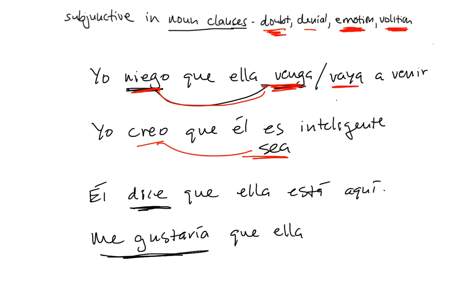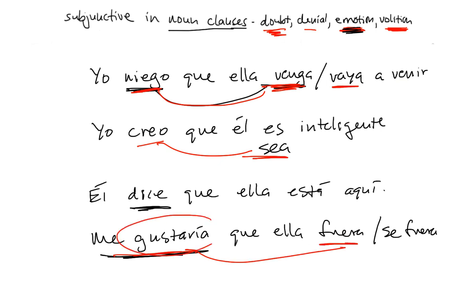That's implying what we got up here. Emotion. Right? I would like that. Me gustaría que ella fuera. Or if the idea is to leave, then use the reflexive irse, se fuera. That would imply emotion, therefore subjunctive. The conditional is considered a past tense, therefore past subjunctive.